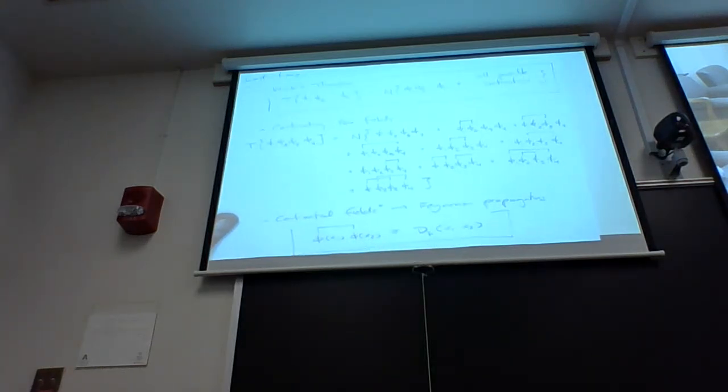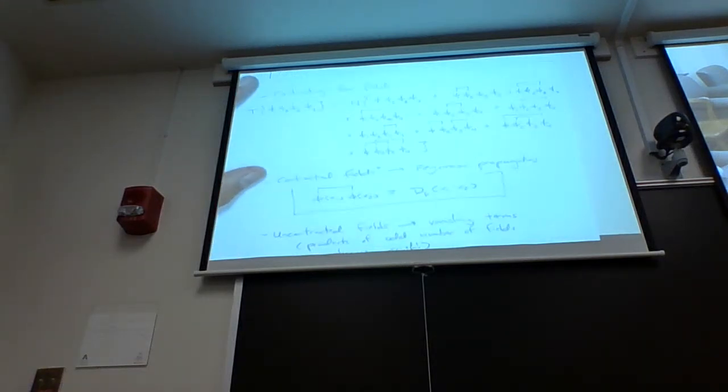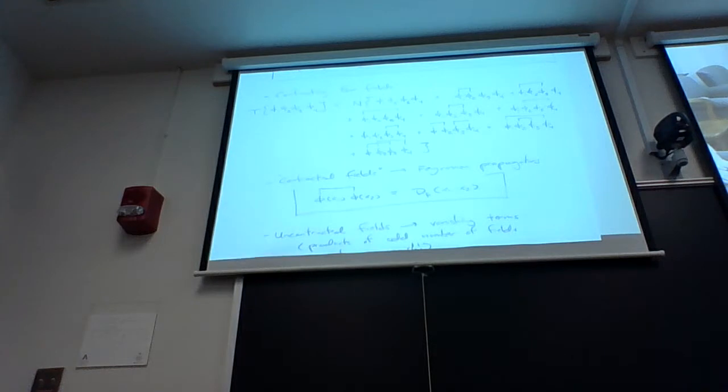So we have those first few terms that still have some uncontracted fields. And by contraction, we saw that it's really just an alternate way of writing the expression for the Feynman propagator.